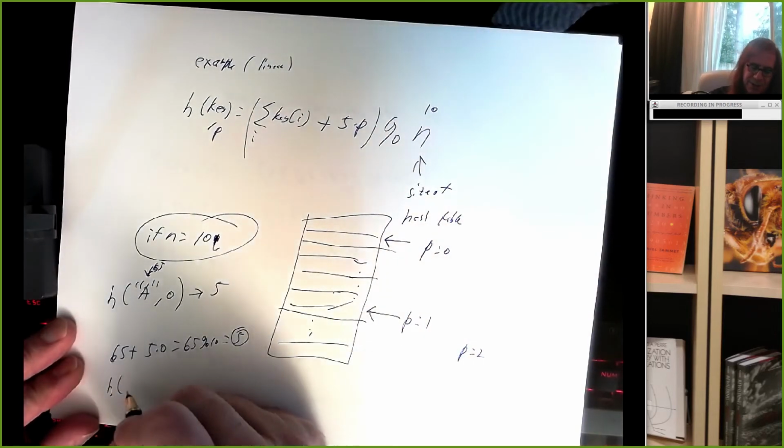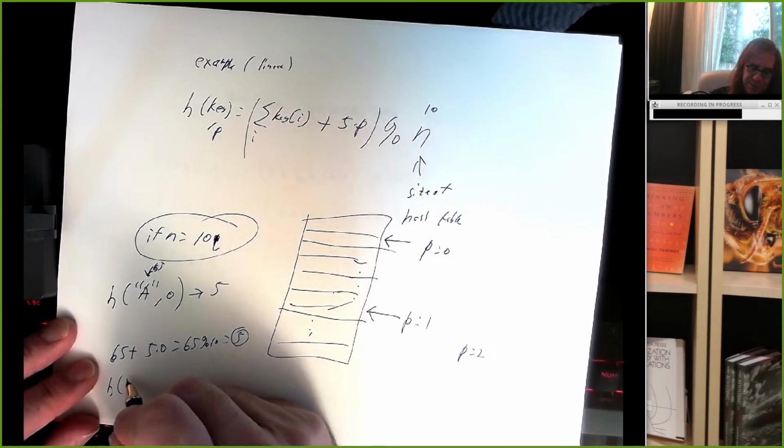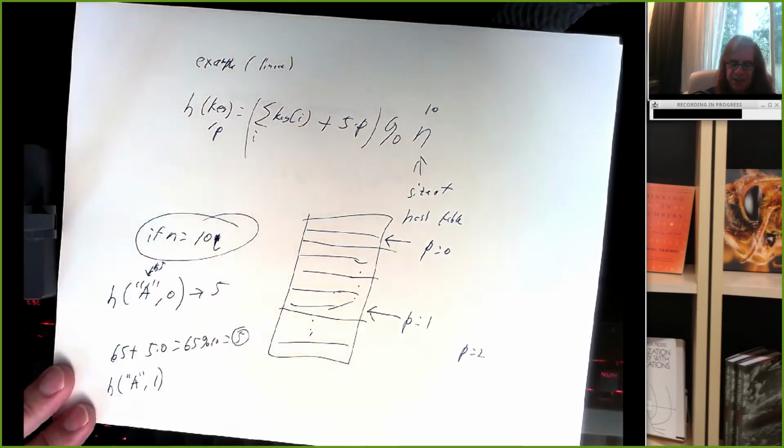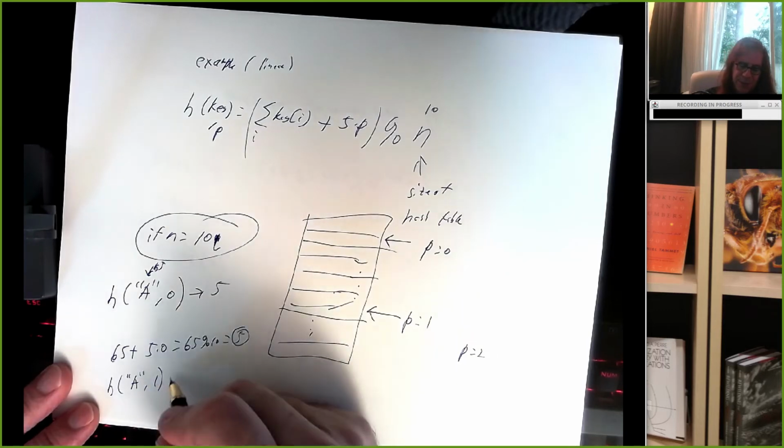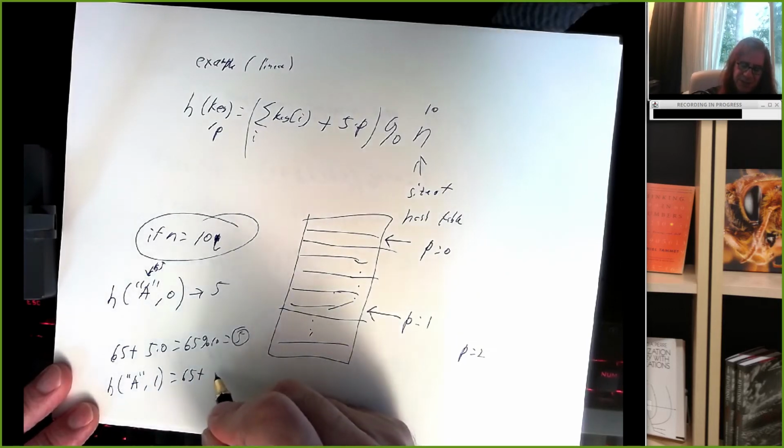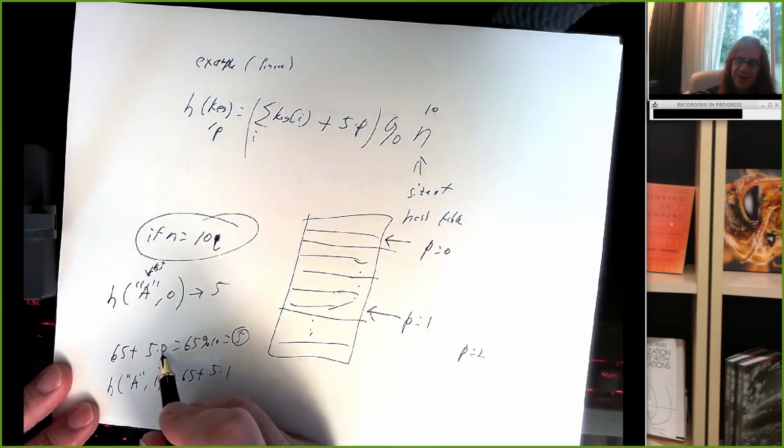Okay, now let's see what would happen if we hashed this with a probe attempt of 1. Suppose something was at location 5 and we got a collision, and we rehash with a probe value of 1. This is going to be 65 plus 5 times our probe value of 1.